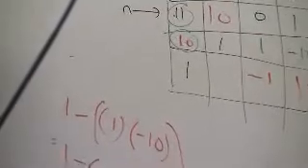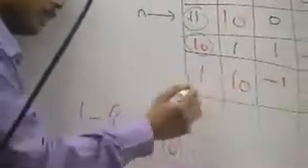Alright, so now 10 divided by 1, the quotient is 10. What's the remainder? 0. So, are you done?